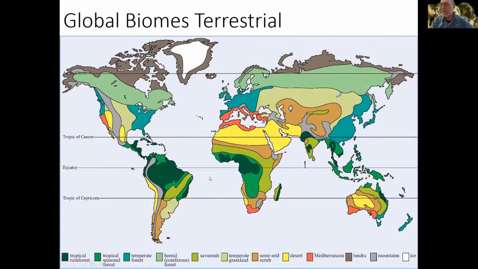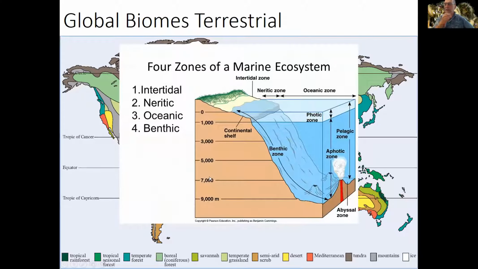The ocean is also zonated, but the factors that are driving zonations in the ocean are quite different from those which are defining terrestrial biomes. The zones of a marine ecosystem are defined by how much light is available for primary production within the ocean.